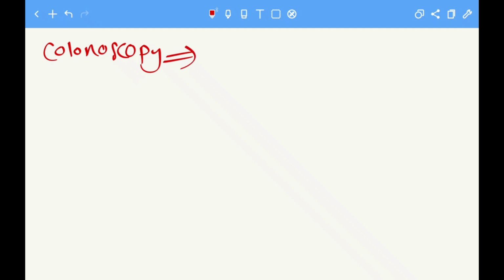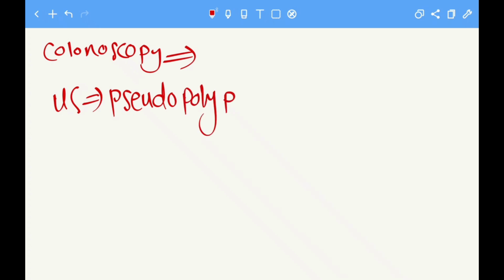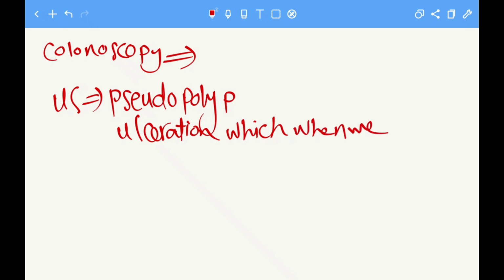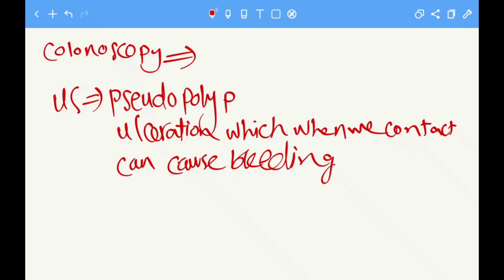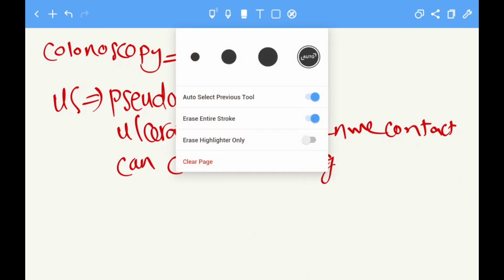In colonoscopy, in ulcerative colitis, I will see pseudopolyps and ulceration, which when touched can cause bleeding. Okay, pseudopolyp.